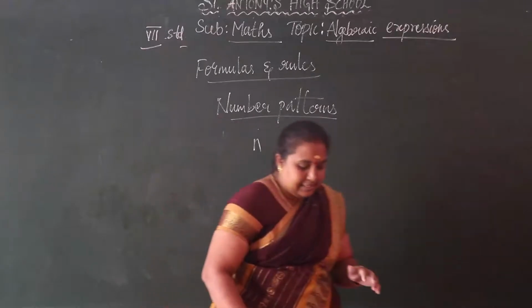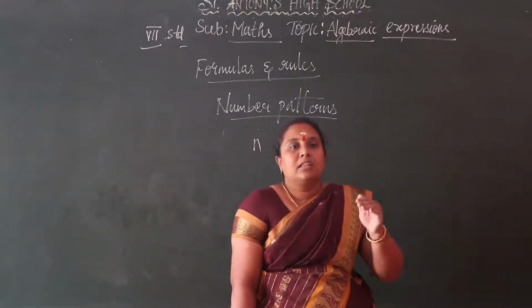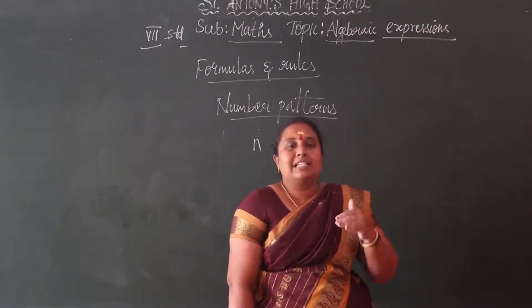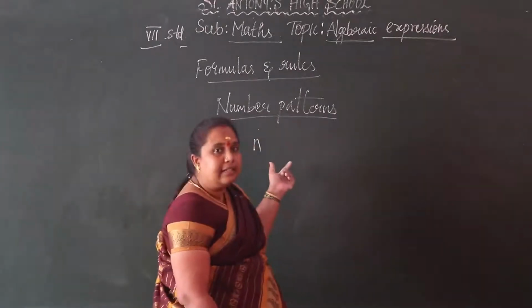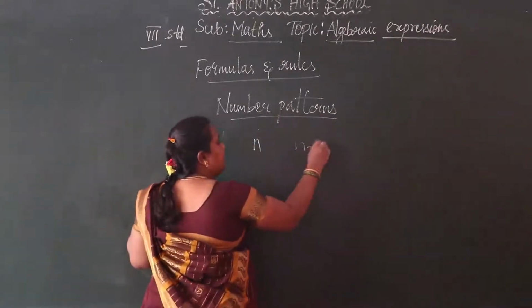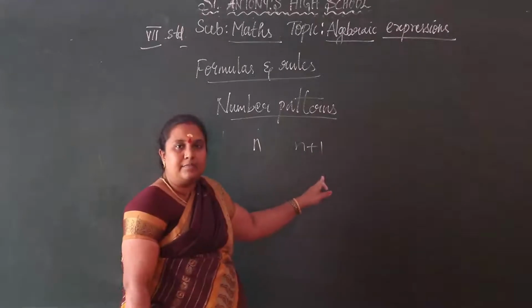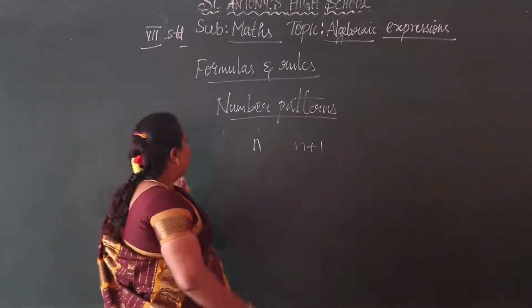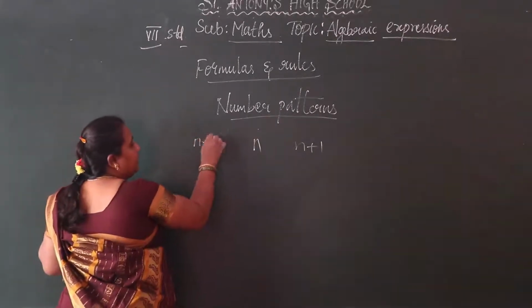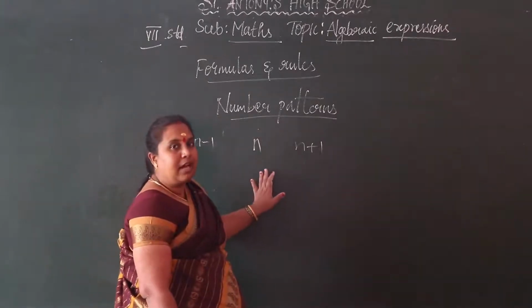If the number is n, the next number, that is the successor of the number n, is n plus 1. The successor of the number is n plus 1, is it right? The predecessor of a number is n minus 1. Can we check this?